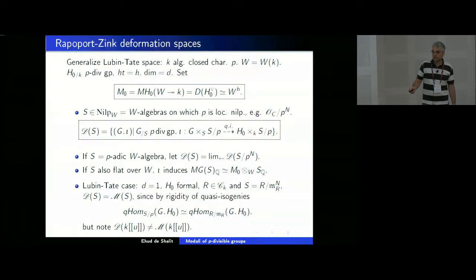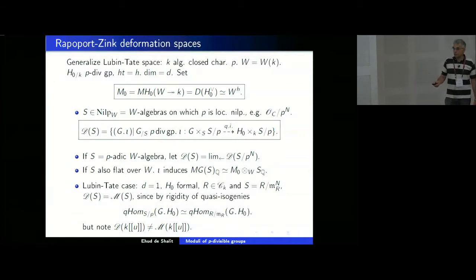Here we're considering quasi-isogenies over S over p, and S over p is not quite the residue field, it might be bigger, but by rigidity of quasi-isogenies that we discussed in the second talk, every quasi-isogeny over the residue field has a unique lift to a quasi-isogeny over S over p, so this is the same moduli problem.